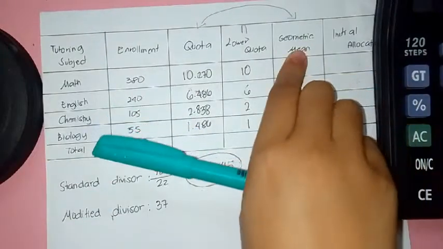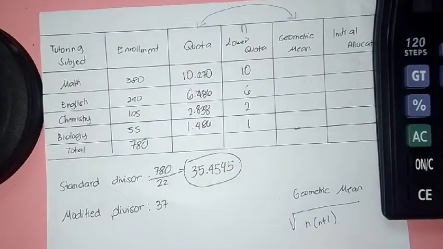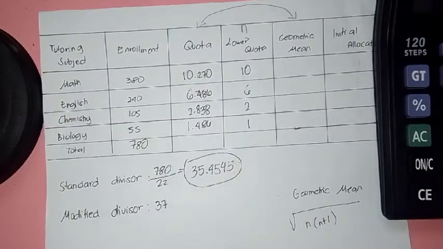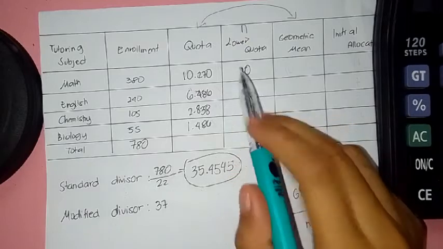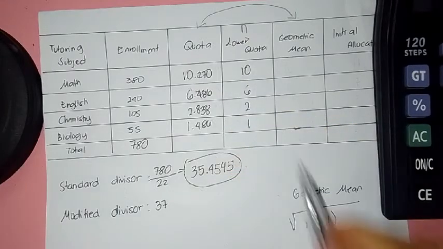So, for geometric mean, we follow the geometric mean method. The letter N is the lower quota.